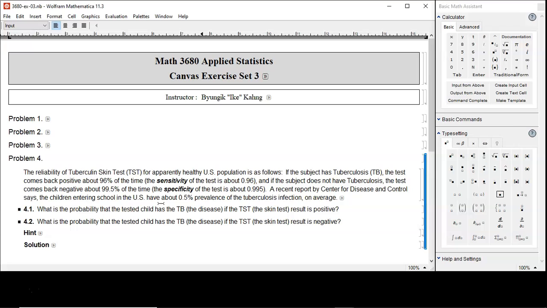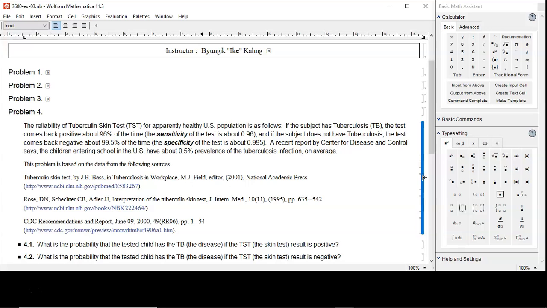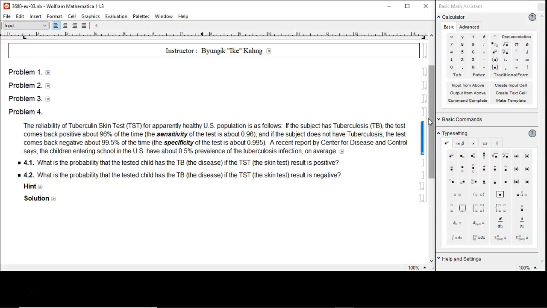We are talking about tuberculosis, and not a blood test, it's a skin test, but still it's a test. The terms sensitivity and specificity are a little bit new, and those are medical terms, I guess. But otherwise, it's the same problem. And these numbers are actually real numbers. They're all coming from well-respected, peer-reviewed articles or CDC reports.